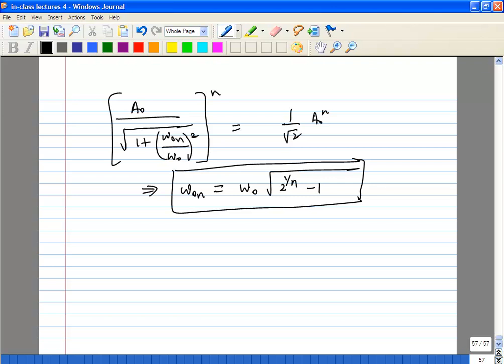And you can also rewrite it in terms of omega u. Remember that A naught omega naught is omega u, so you can also write it that way.